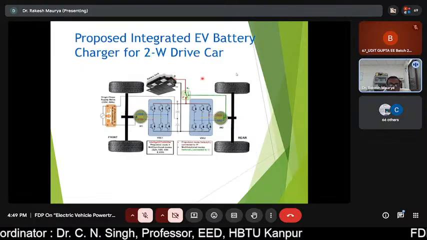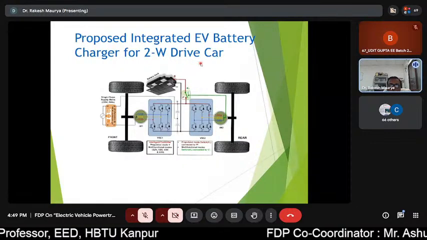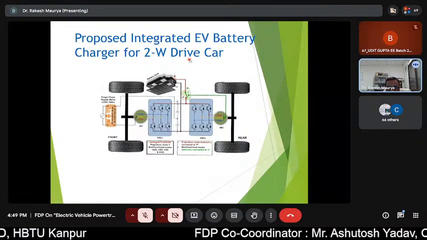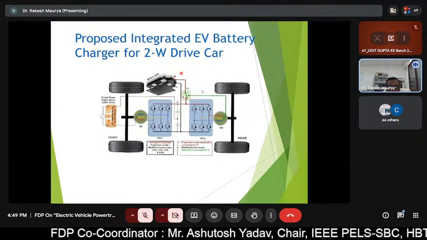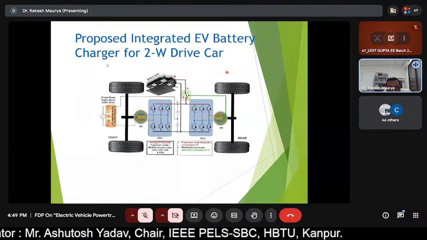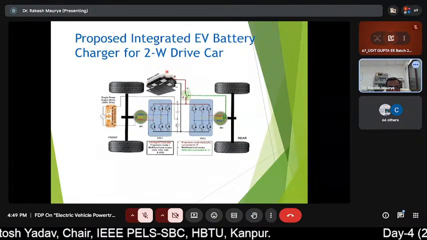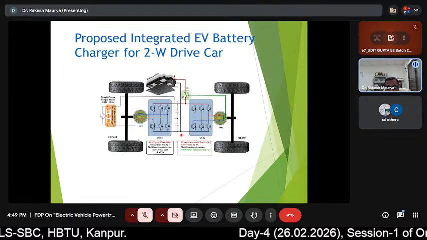Now let us come to the integrated two-wheeler drive car. There are many e-vehicles available with rear wheel driving.